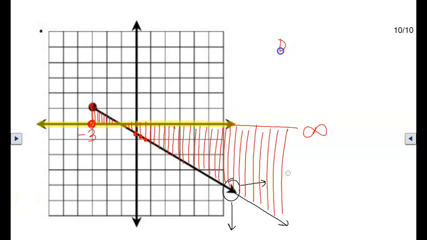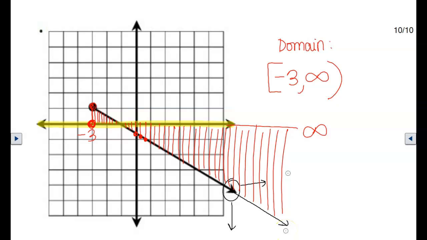So when I do my domain on this function, I'm going to start out at -3 on the left and go to infinity on the right. At -3, there is this closed dot, so x can be -3. And for infinity, I use parentheses.